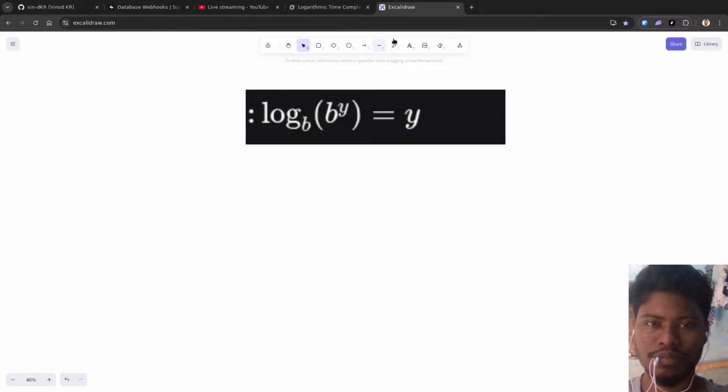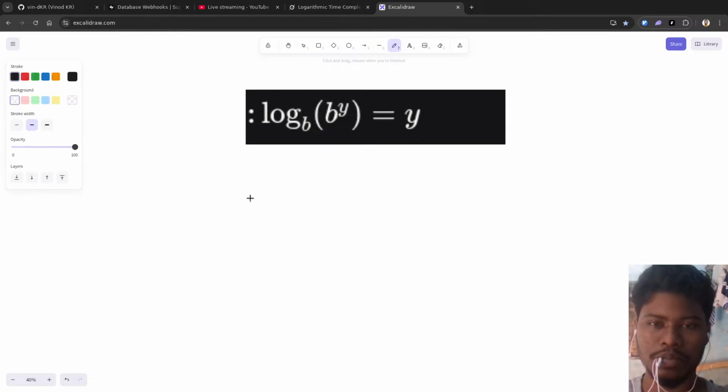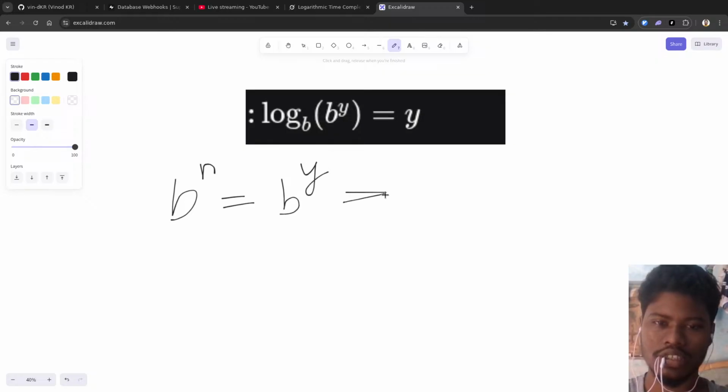Log base p means we keep something on the power. Let's say n is equal to p raised to the power y. That is the power. What would be the answer of this log? That means this answer is y.